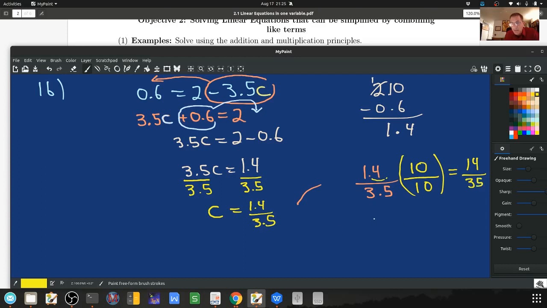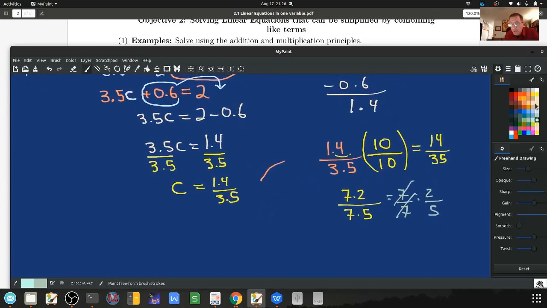Now you should realize that 14 is equal to 7 times 2 and 35 is equal to 7 times 5. And that is equal to 7 divided by 7 times 2/5. But 7 divided by 7 is just 1. So my final, most simplified answer is 2/5.